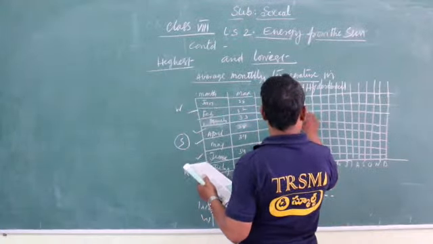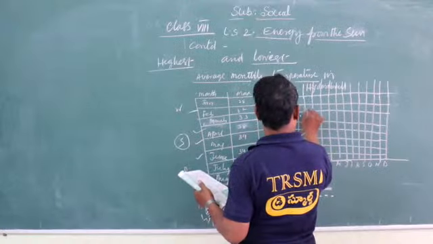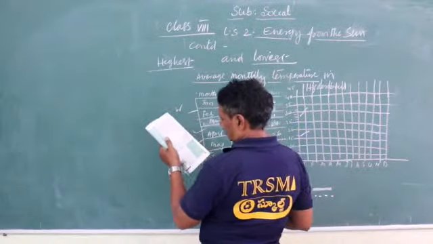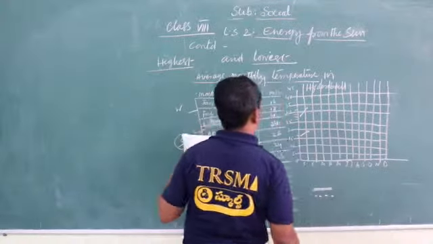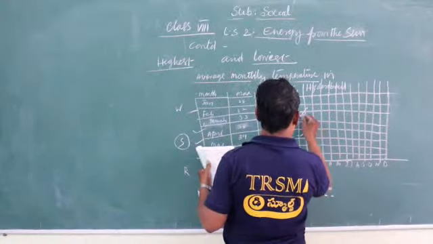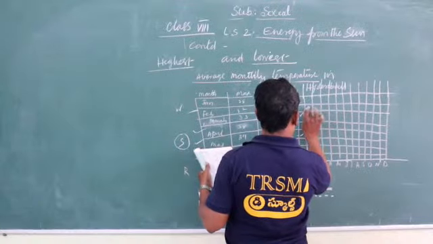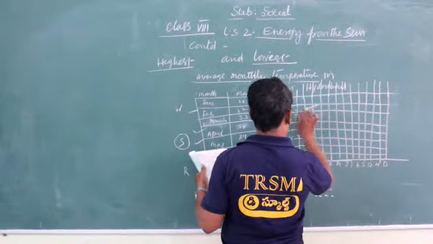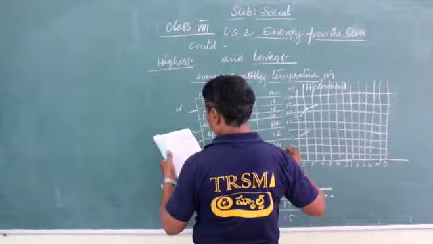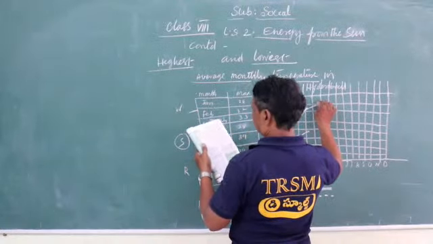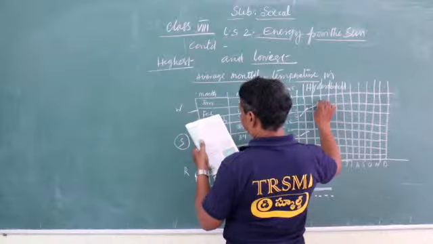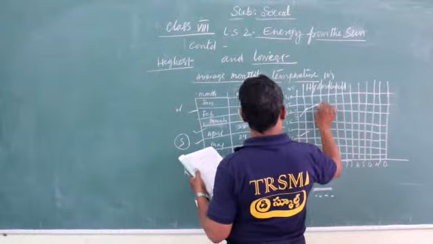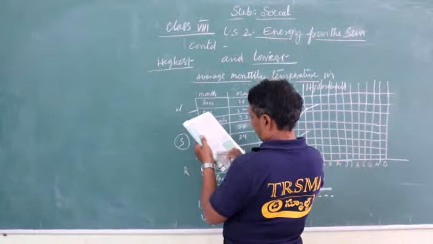February 32, 31, 32. Like this. And March 35. Right, 35. And then 33, not 35, 35.